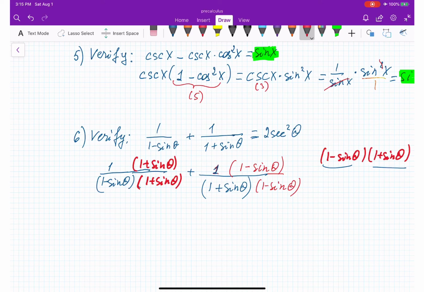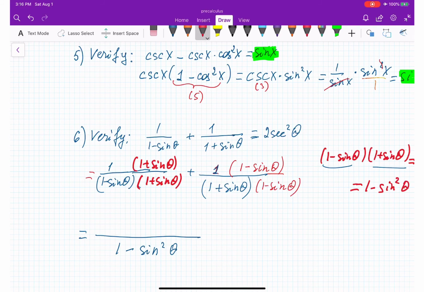Okay, so what do we get here? We are getting the following. Now I can write down 1 plus sine theta times 1 minus sine theta. It's going to be equal 1 minus sine squared theta. Why? Because this formula, a minus b times a plus b, equals a squared minus b squared.